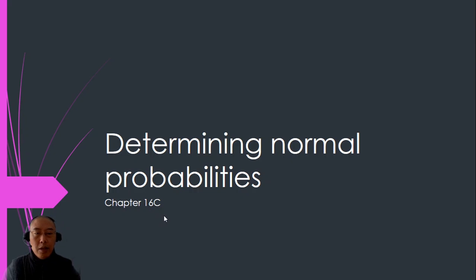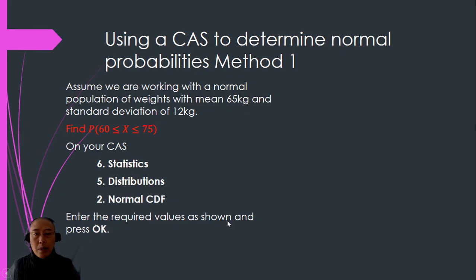In 16C, we're going to look at problems where you will have to determine the probability or the area of the function under the curve within boundaries, or the inverse, where they will give you the probability, and what you will have to figure out is the boundaries for that corresponding probability. It's all going to be done on the CAS calculator.